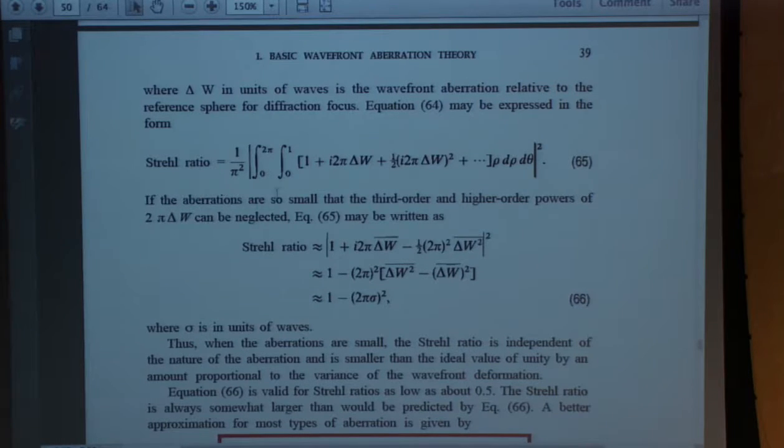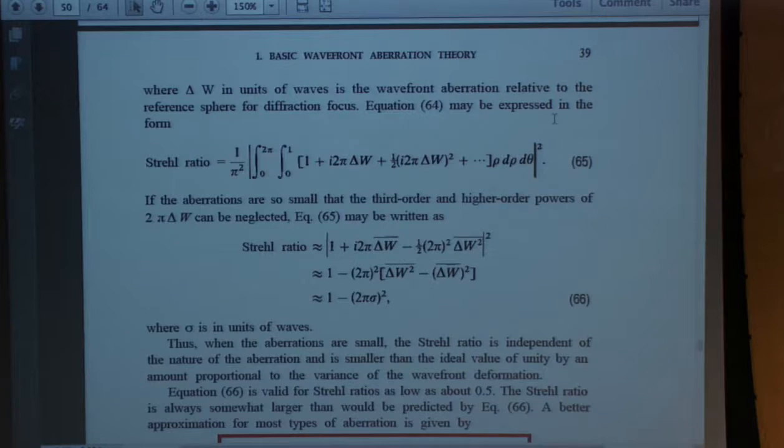And if I do this integral here, I'm going to get, well, 1, it's normalized here. Then there's a term that's going to be i 2 pi times the average value of delta W. And the next term will turn out to be a 1/2 times 2 pi squared times delta W squared averaged.